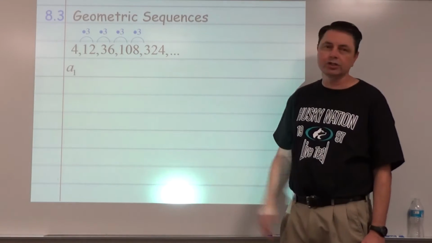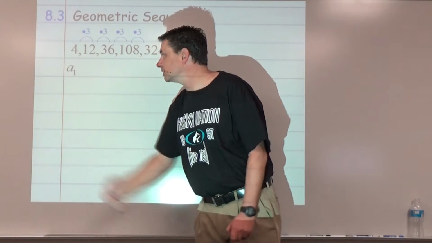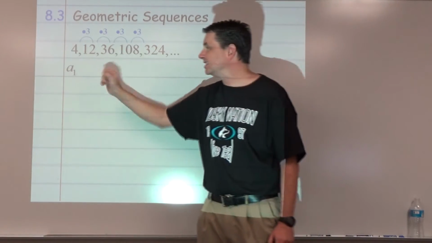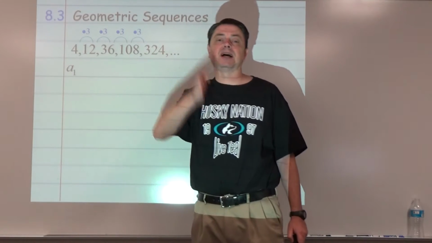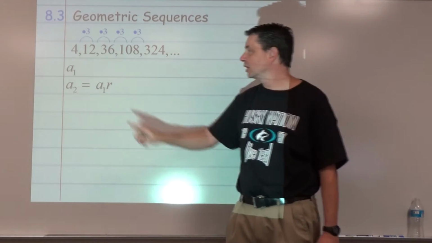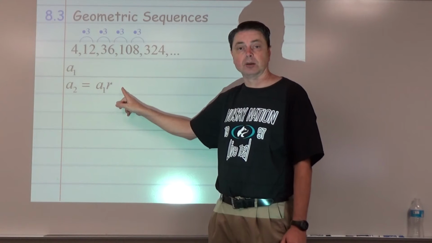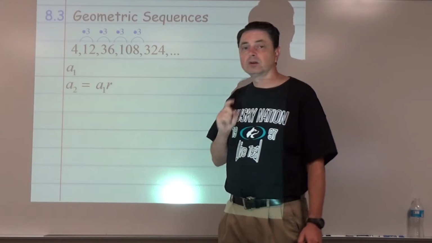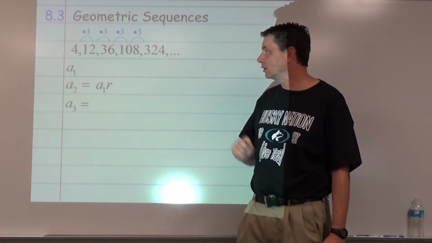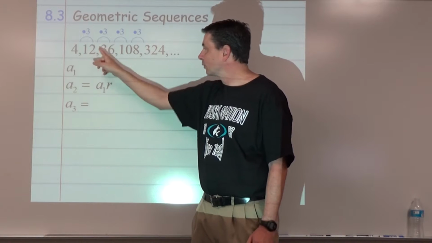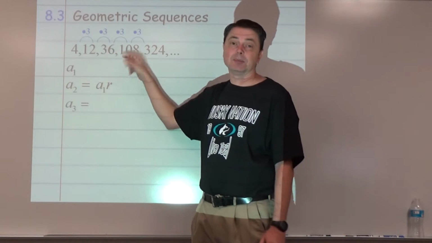All right, so what are our terms? We've got our first term is a sub 1. To get our second term, we take the first term and we multiply by r, the common ratio. So the second term is going to be the first term times the common ratio. What about the third term? The third term would be the one right before it multiplied by the common ratio.